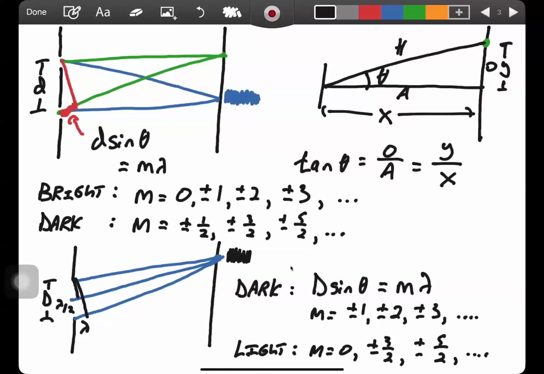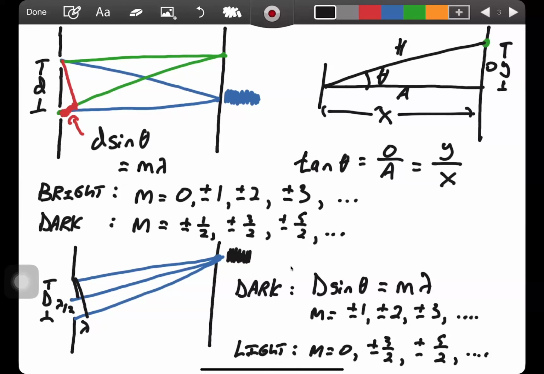It's the interference of waves, and thinking about whether the waves are in phase with each other or out of phase with each other. And the rest of it is geometry. So if you see a problem where you're dealing with light going through an aperture, ending up on a screen, you can think of the geometry of the distance between the slits and the screen.